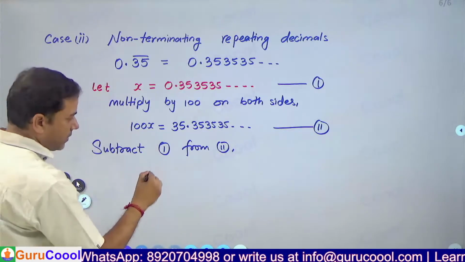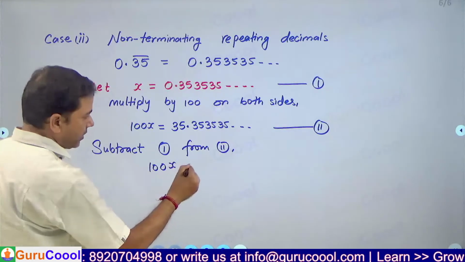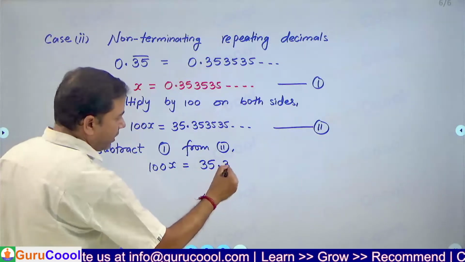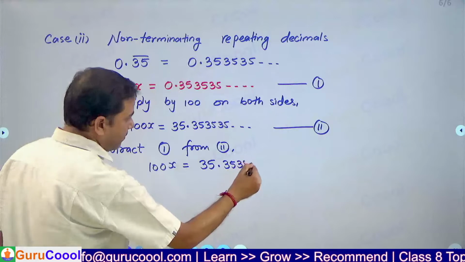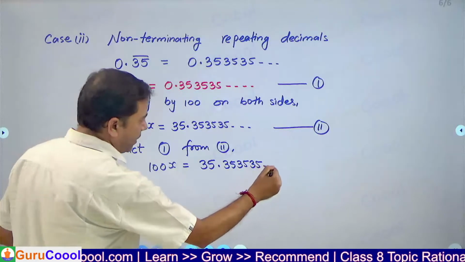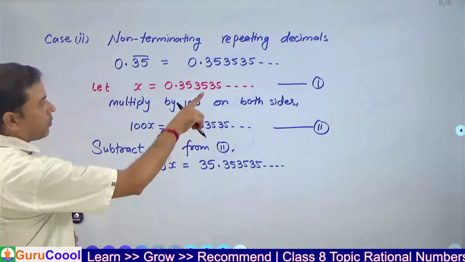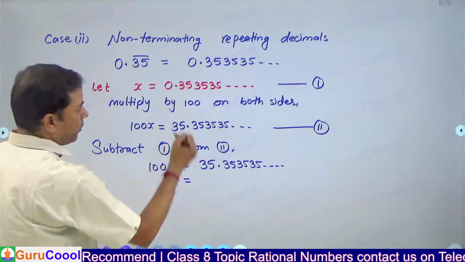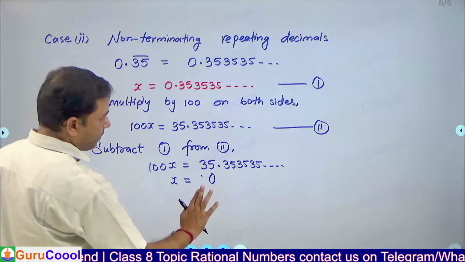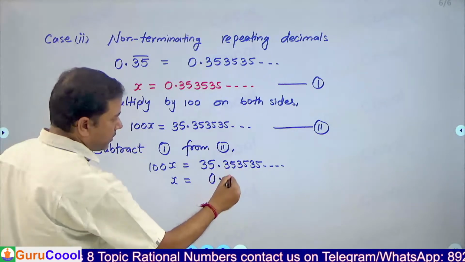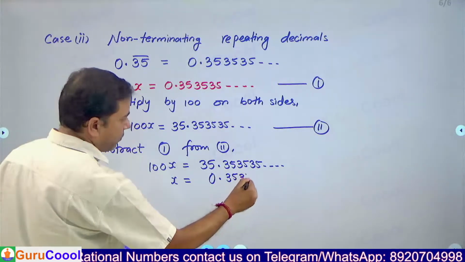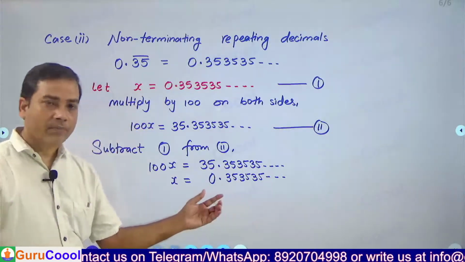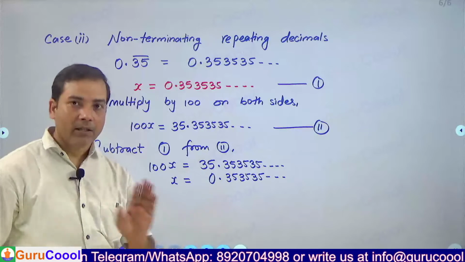Second equation is 100x is equal to 35.35, 35, 35 and so on. Equation 1 below it, x is equal to 0.353535 and so on. Notice this writing style is important.